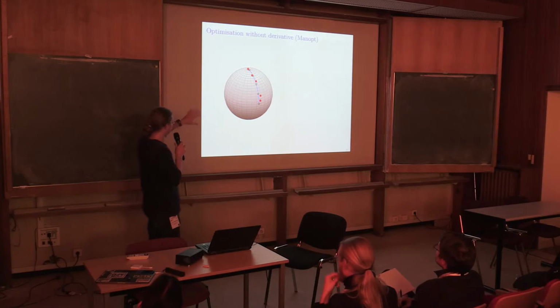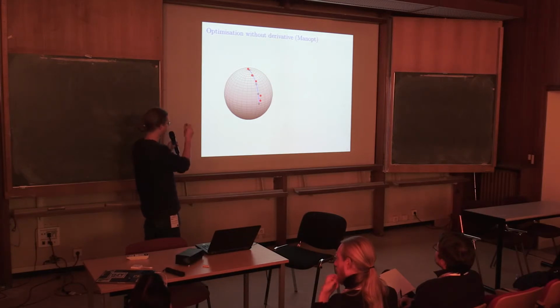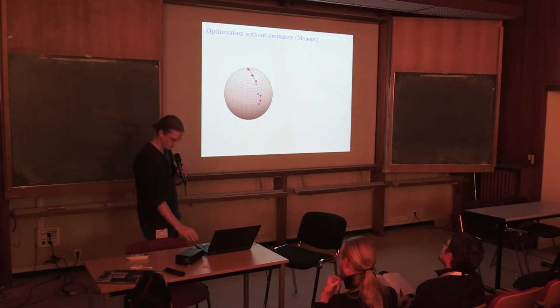So the data points are actually corrupted versions of equally spaced points on a geodesic on the sphere. So the solution should be easy to compute, and even that wasn't that easy.